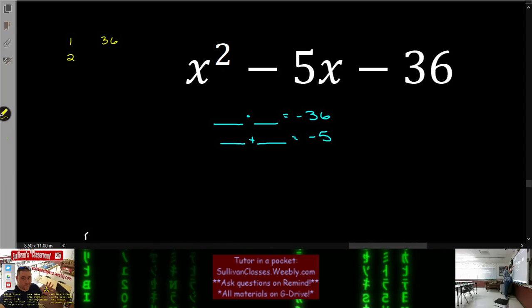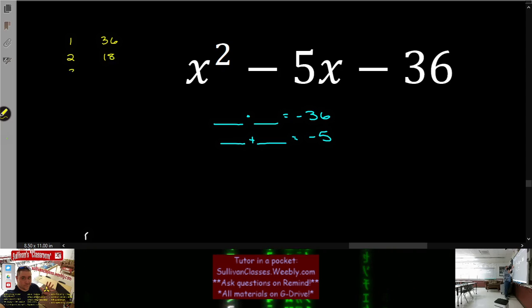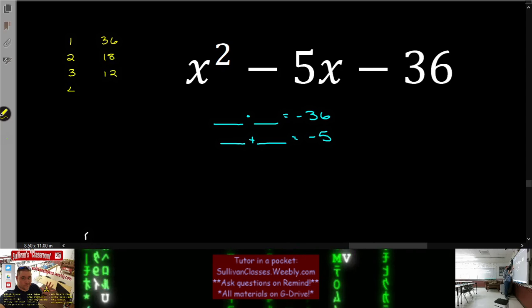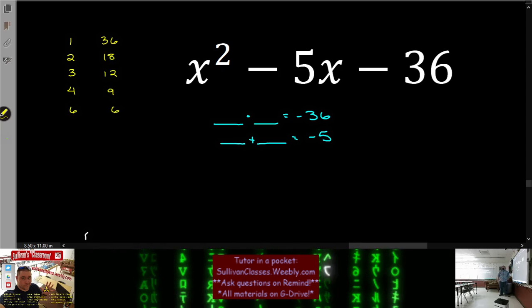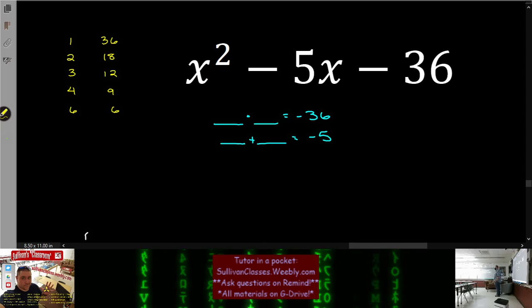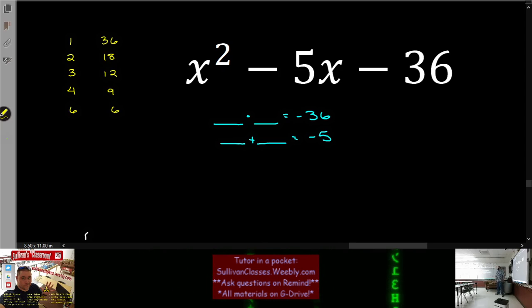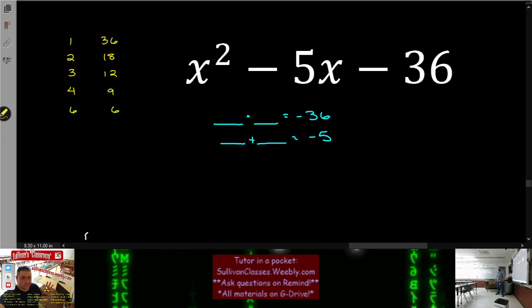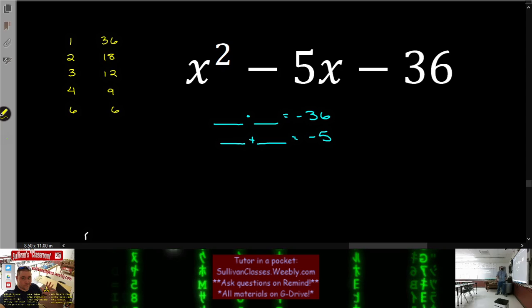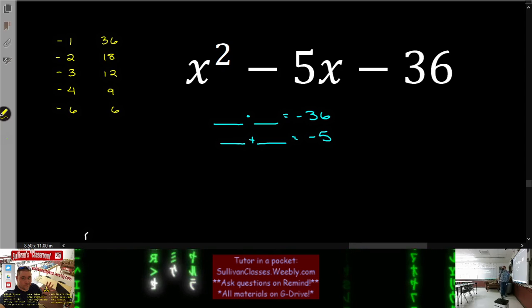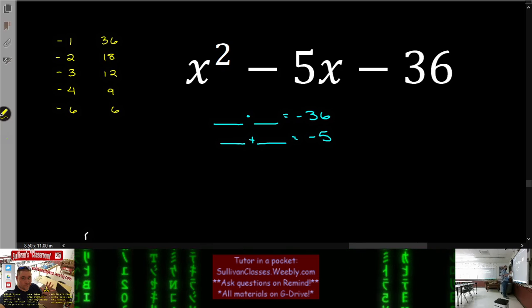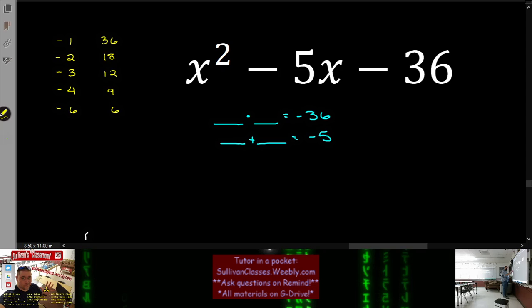Right? Ladies and gents, these are the factors of 36. But those aren't factors of negative 36. You have to have 1 negative. Well, that means I could have doubled my list, right?